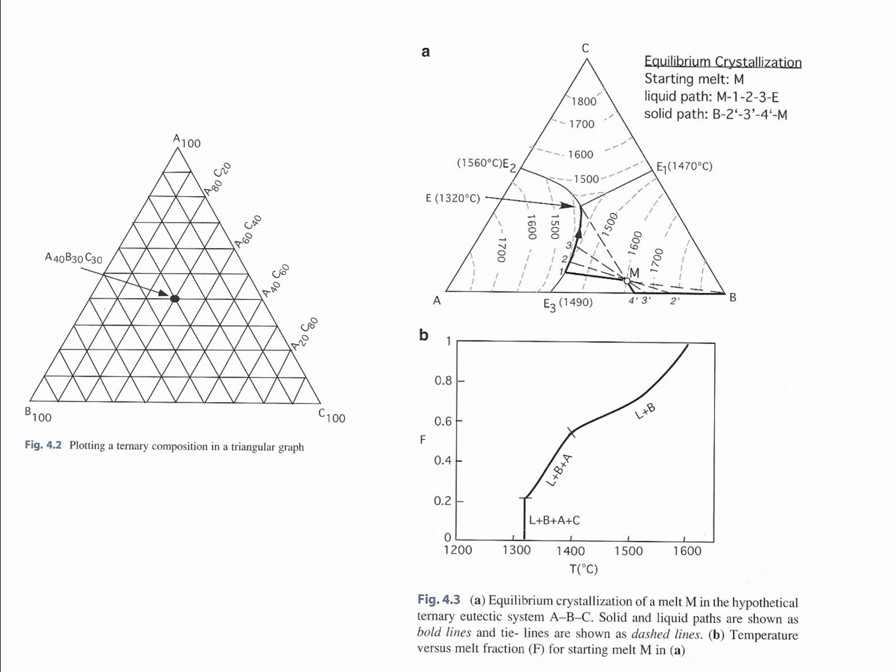We have liquid plus B plus A plus C. Then at higher temperatures we have only liquid plus B plus A, because C has already disappeared and is now in the melt. That is this component here, yeah. And then finally at higher temperature, like 1400 degrees Celsius, we have only liquid plus B, because A and C have disappeared and are already in the melt.